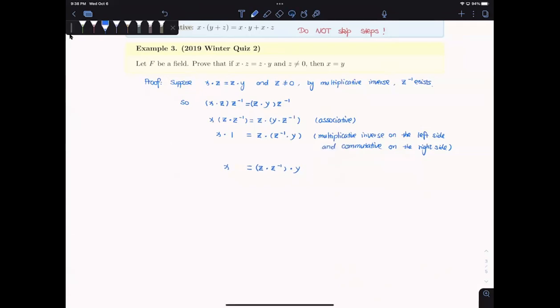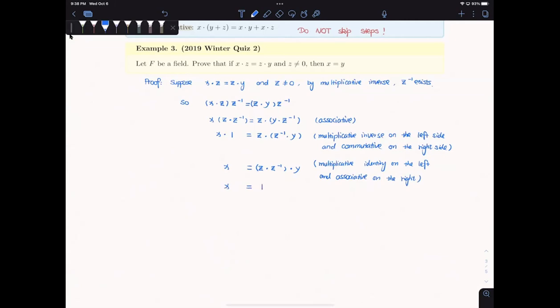So on the left hand side, we used multiplicative identity. And on the right-hand side, we used the associative. Okay. And then this side stays the same. So we have x equals 2.